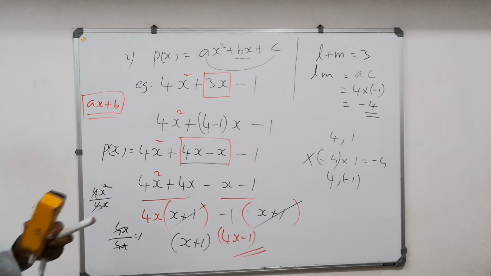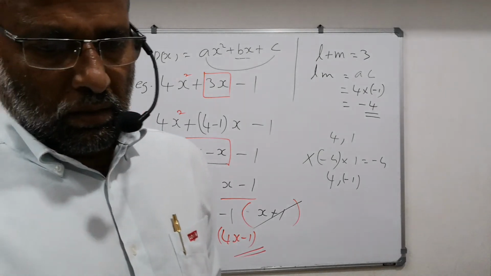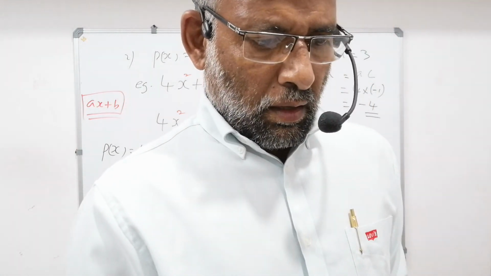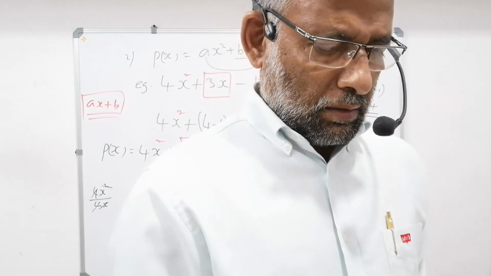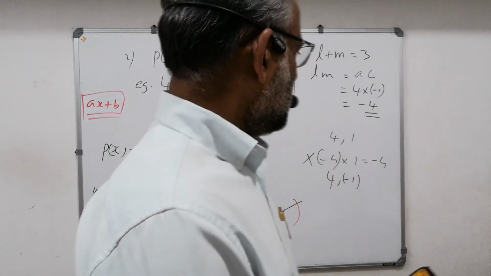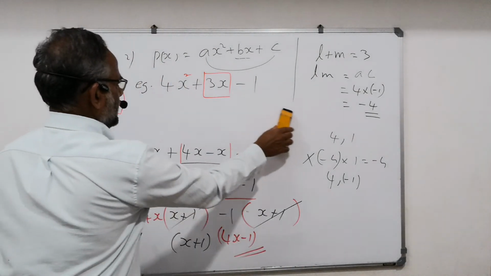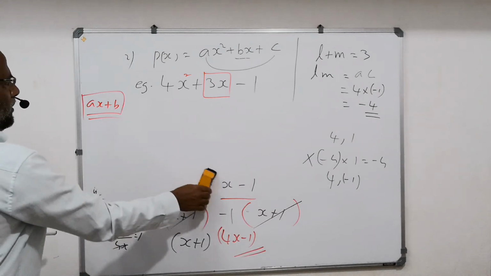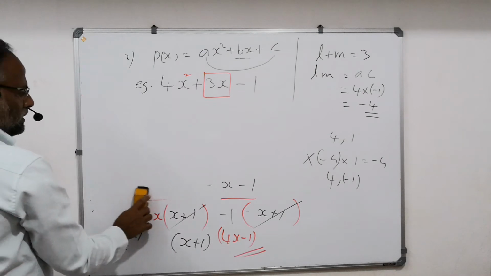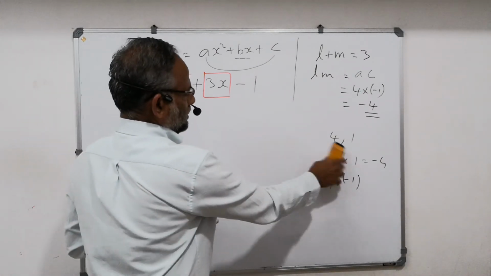Try to do that for 4x square, minus 3x and minus 1. You can check that. Okay, now another example. I am writing the example. This is over. I think you understood this one. 4x square plus 3x. Then after I gave you, try minus 3x, minus, suppose plus, minus. Try and see what happened. You can make the question also.